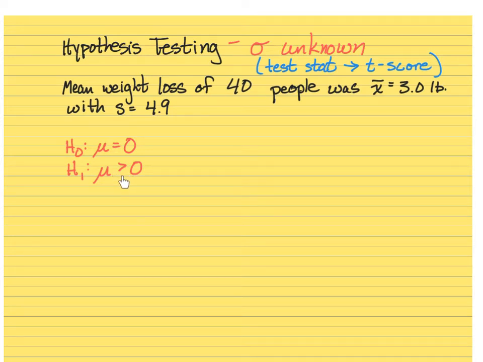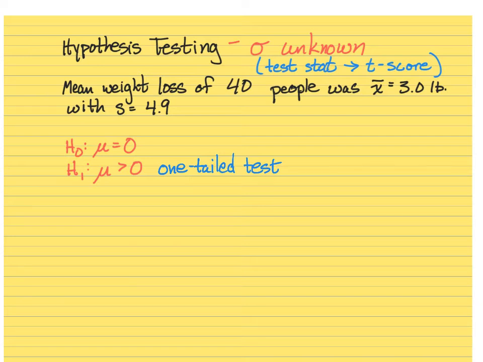Be aware, if it's greater than or less than, then we're performing what's called a one-tailed test. So this is an example of how we do a one-tailed hypothesis test. If it's a not equals, then we do a two-tailed test, and I'll give you another example of that. But we're doing a one-tailed test here.